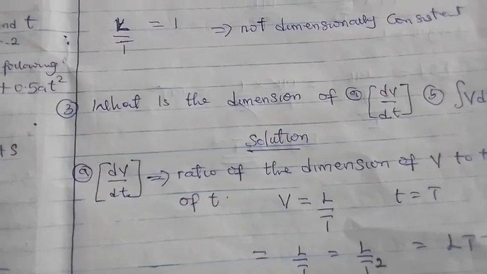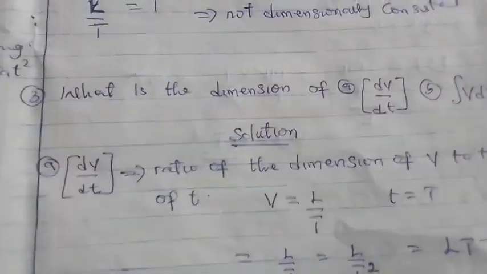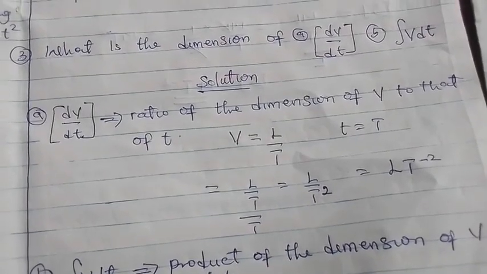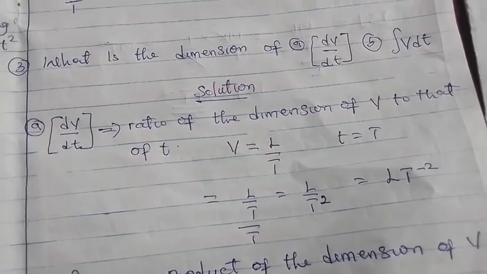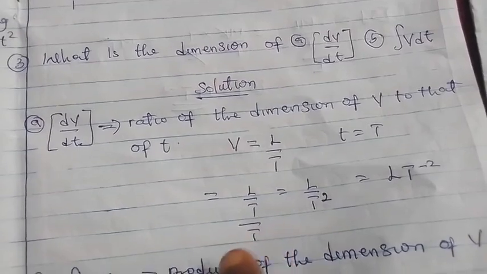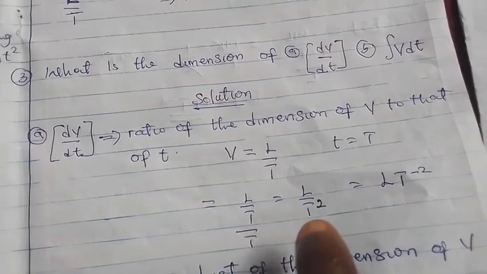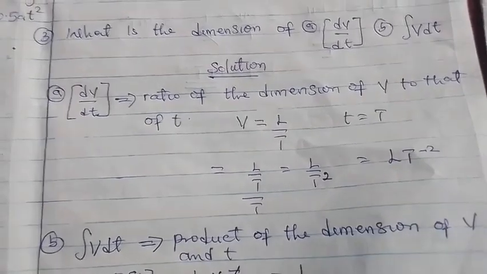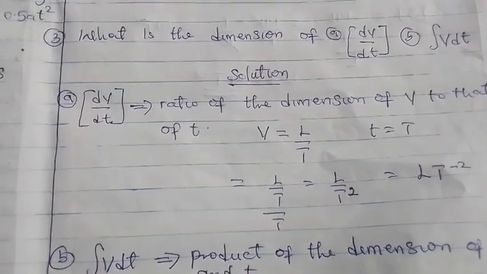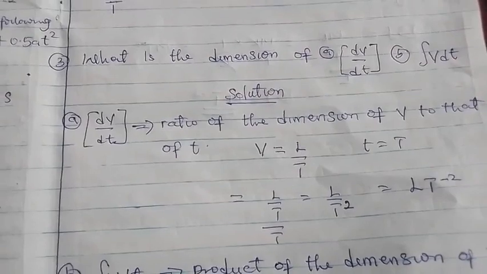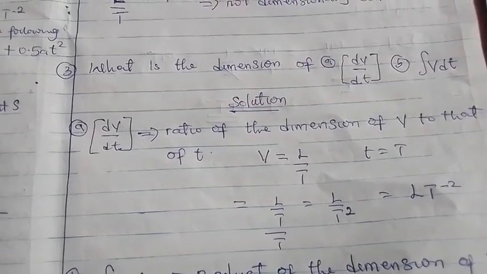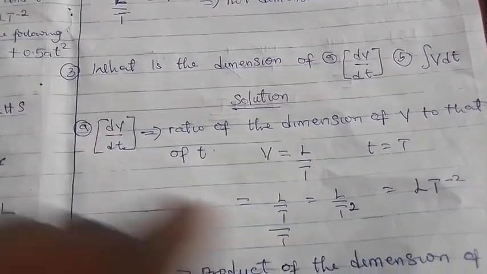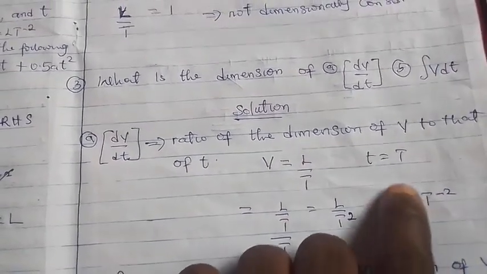Now, v is L over T and t is capital T. So v over t will be L over T over T. That's L over T square, which is equal to LT to the power minus 2. And actually, dv/dt is acceleration. The derivative of velocity is acceleration, and the dimension of acceleration is also this.